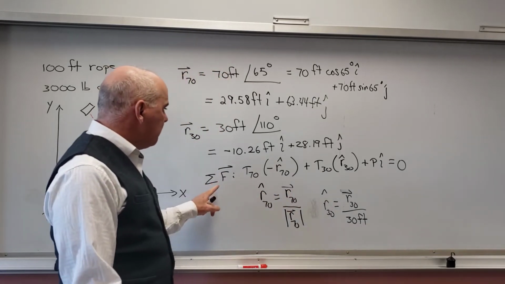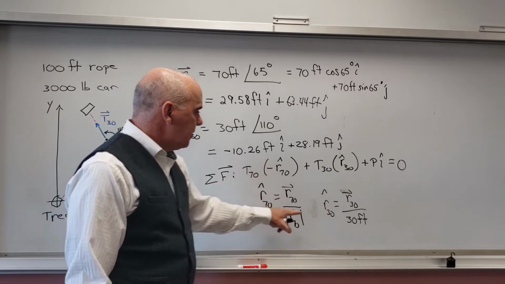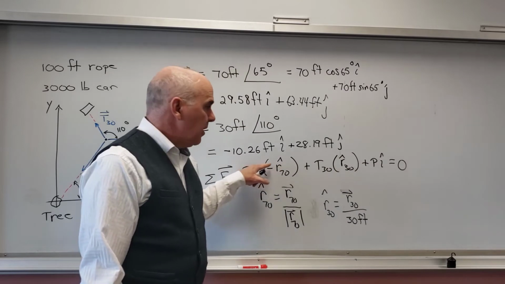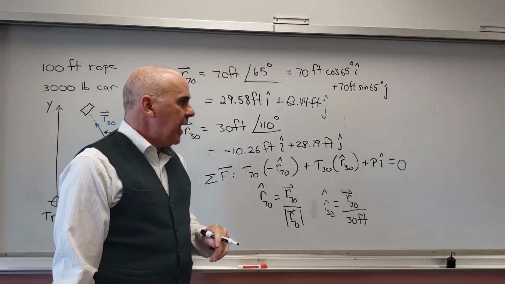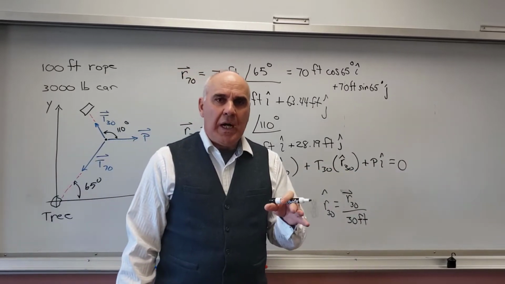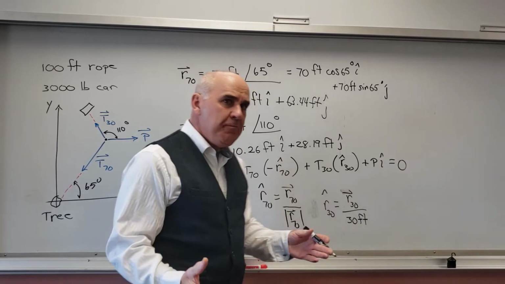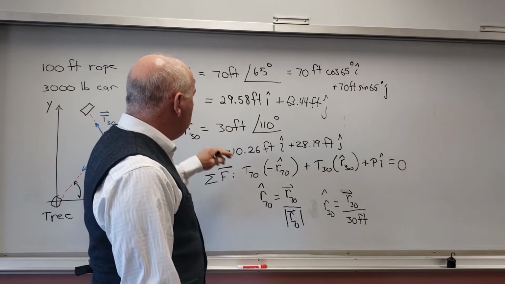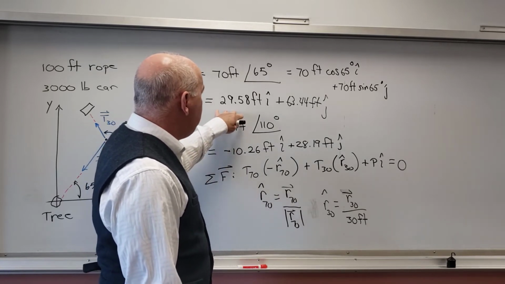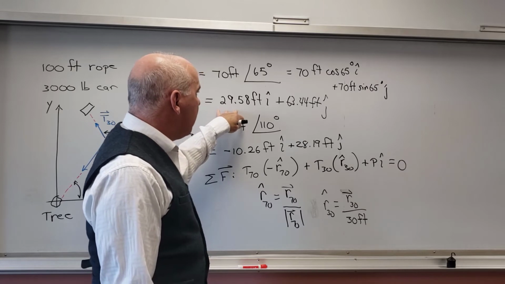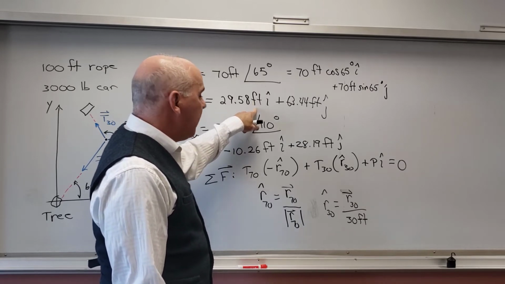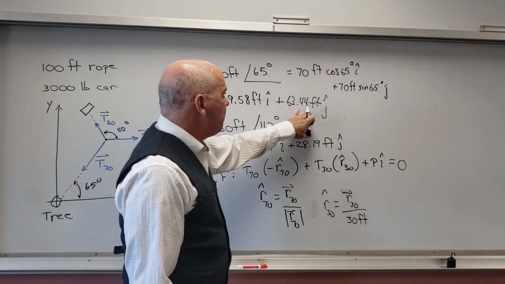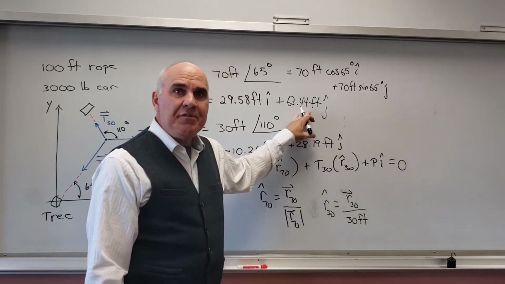Okay, and so what I'm going to do is substitute these values into this force equation and calculate out the tensions. So I'm going to take the 29.58 feet and divide that by 70, and then 63.44 feet, divide that by 70.